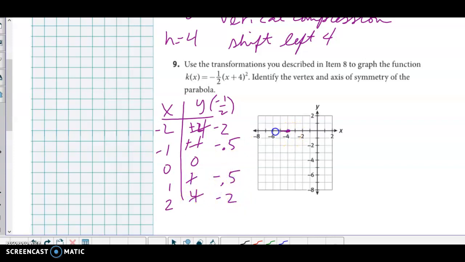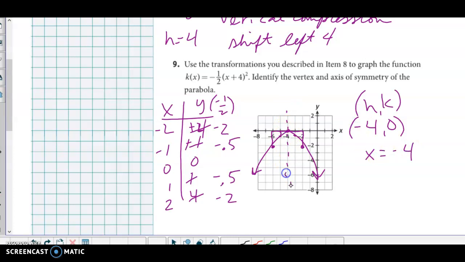So we're going over 2 and down 2, over 2 and down 2, over 1, down 1/2. And you can see that this is very wide. So our HK now is different. It was 0, 4 before. Now it is negative 4, 0. Our axis of symmetry is now x equals negative 4.